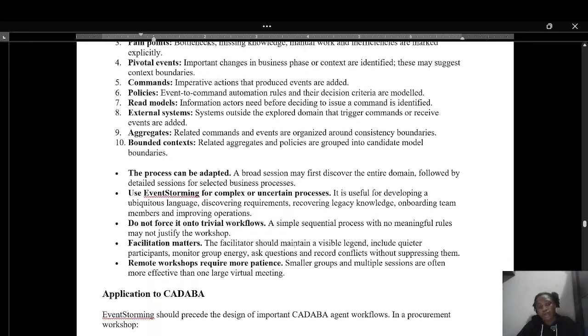So the process can be adapted. So a broad session may first discover the entire domain, followed by detailed sessions, and then use event storming for complex or uncertain processes. So you should use this. You don't need event storming for all applications that you are developing. If you are developing a simple application, maybe composed of 2 to 3 engineers or so, you can do daily stand-up instead of event storming.